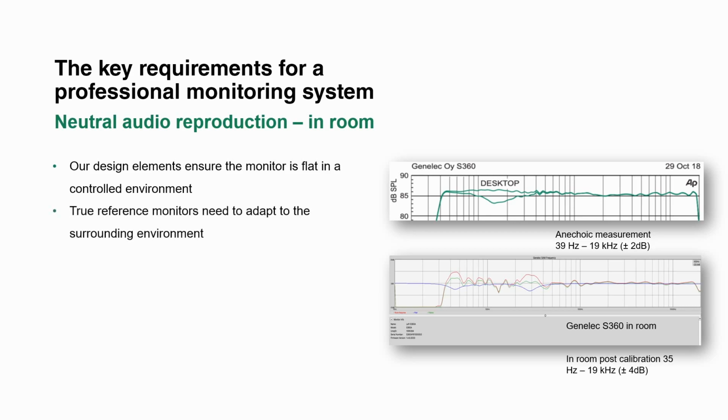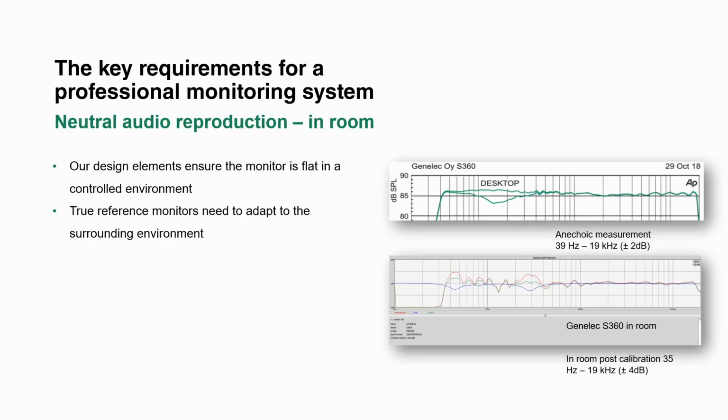We want to ensure that our reference monitors can adapt to less than ideal environments. Once you place a loudspeaker in a room, the room interaction is going to play a significant part on the performance of that monitor. So once the design limitations within a room are met, we need tools to be able to adapt that monitor to its environment.